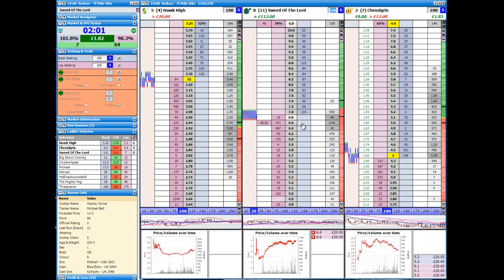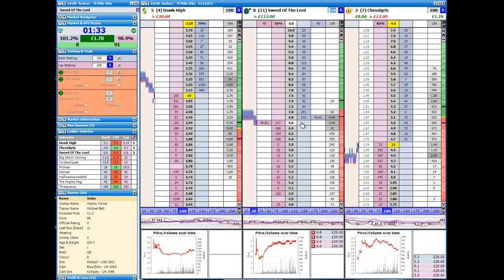I will tend to use higher stakes than these, but it's a good exercise to show you in real time what your money can get you. So with a £400, £500 bank, you can be using £100 stakes. If you've got 400 quid in your bank, then use it.